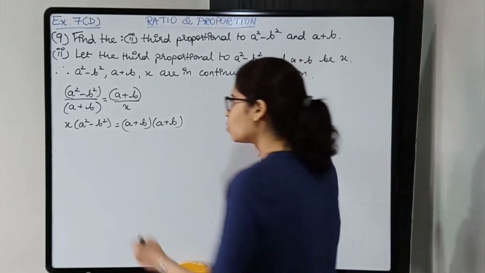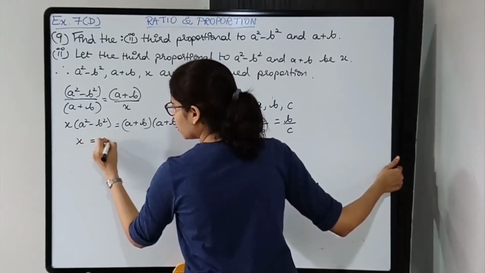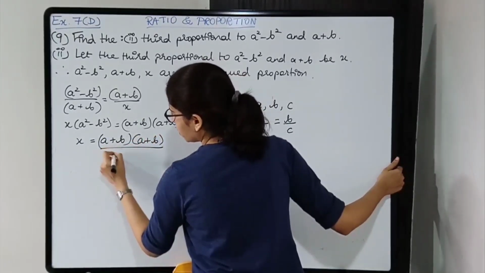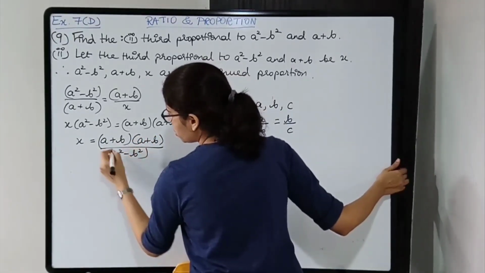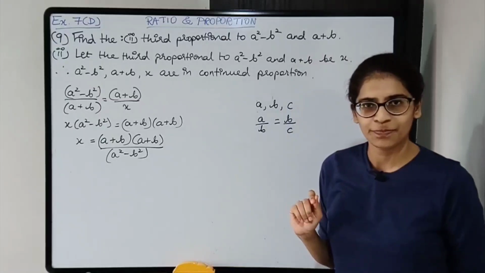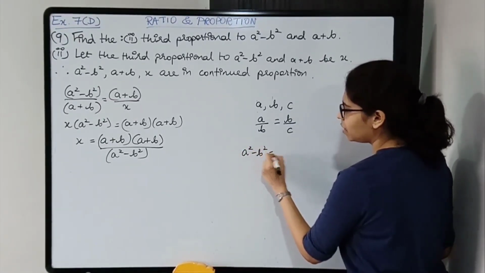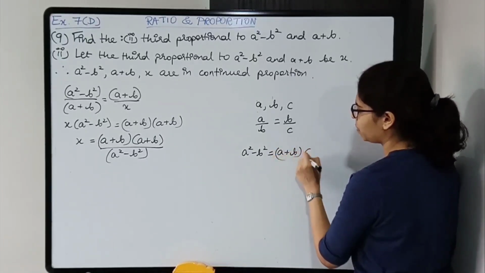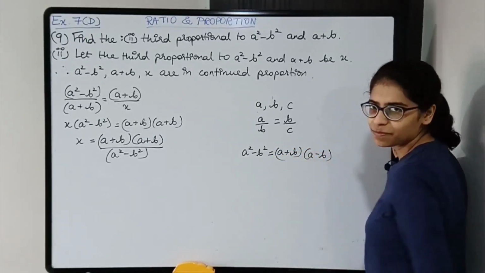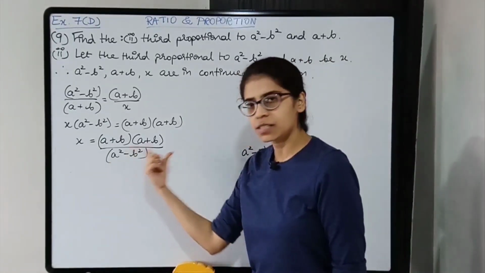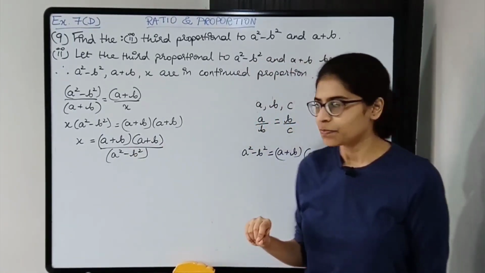So a square minus b square, this is an identity. A square minus b square is equal to a plus b into a minus b. Right? You're supposed to know this. So we'll split this into two different brackets. ठीक है?